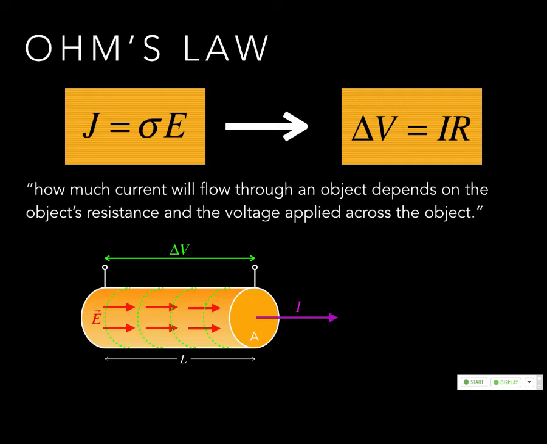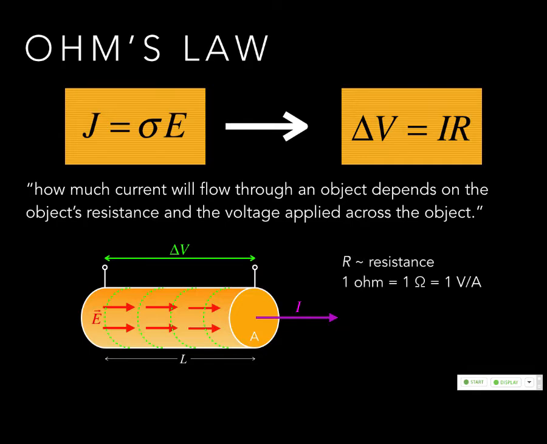Voltage and current, okay? So knowing how voltage and current relate to each other is a lot more useful than knowing how current density, which is harder to measure, and electric field, which is very hard to measure, relate to each other, okay? And we've already done a lab where we checked this, and it worked pretty well, okay?